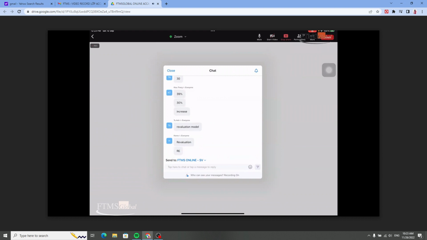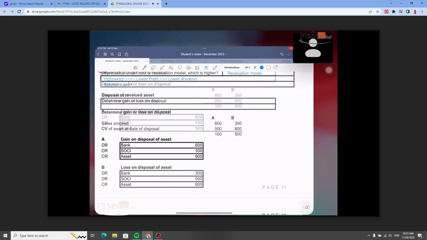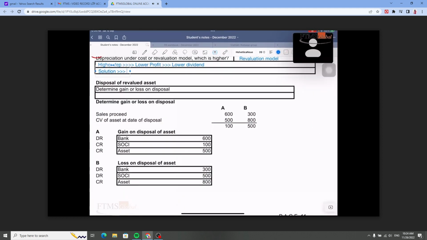The problem lies on your retained earning. So obviously, if I want to increase my dividend, I will need to increase my retained earning account. Then I will solve the problem, right? So the solution is I need to increase my retained earning. So therefore, I will need to credit my retained earning.